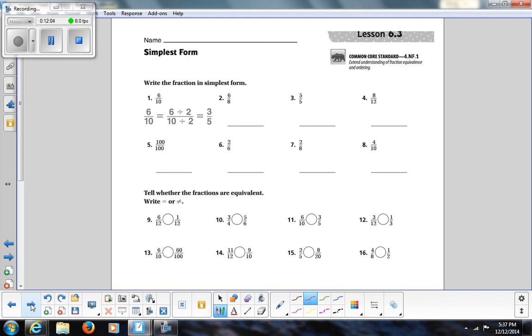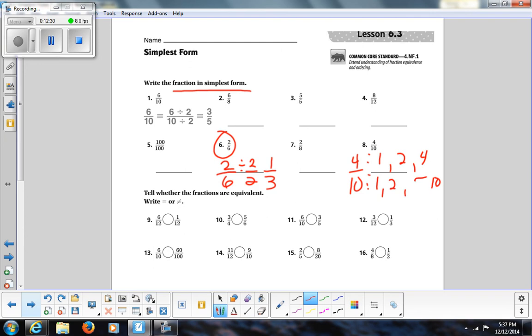All right, let's take a look at our homework. Let's see, write the fraction in simplest form. So let's go with number 6, 2/6. Well, I don't even need to do common factors. All right, so this can be divided by 2. This will give us 1/3. How about this one? 4/10. 1 and 4, 2, 1 and 10, 2 and 5.